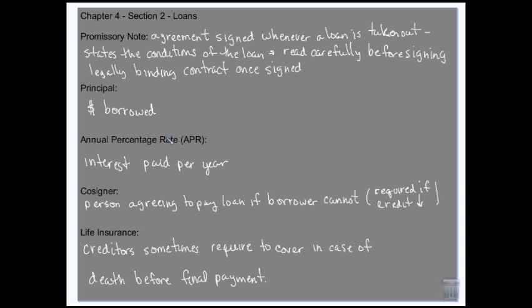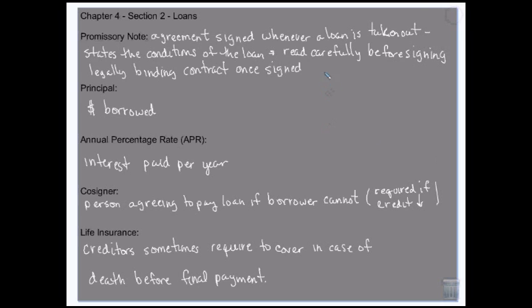The car loan, same thing. My credit card bills, though, the creditors would go after, not my son. My son's only 11, but maybe my parents, to pay it off. So having life insurance, some loans, they would require you to have life insurance to cover it just in case.